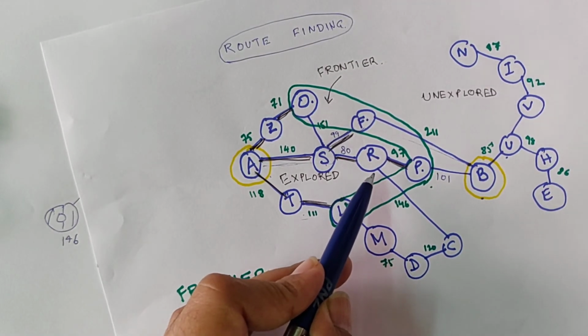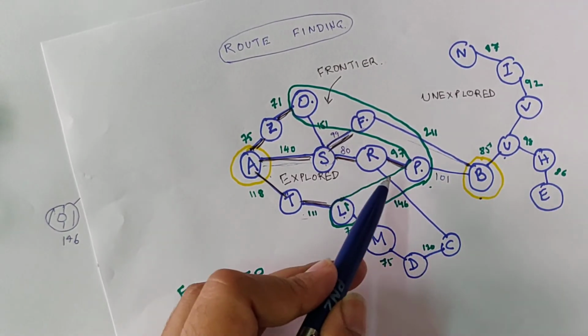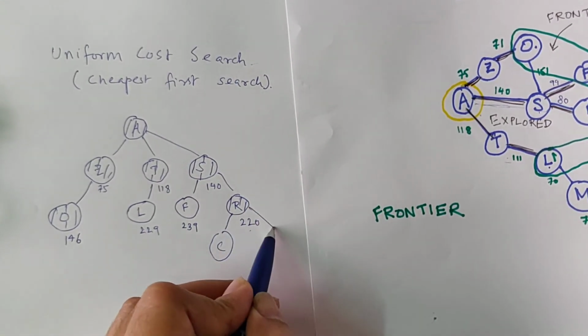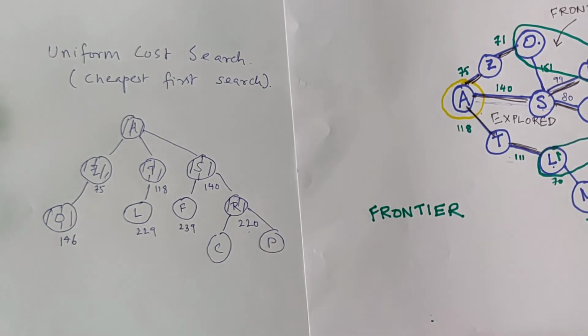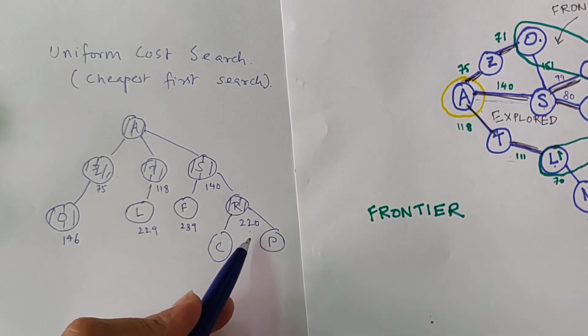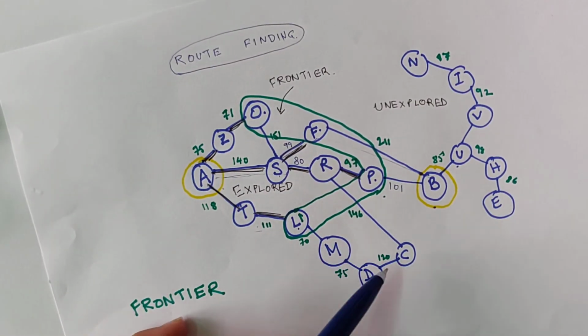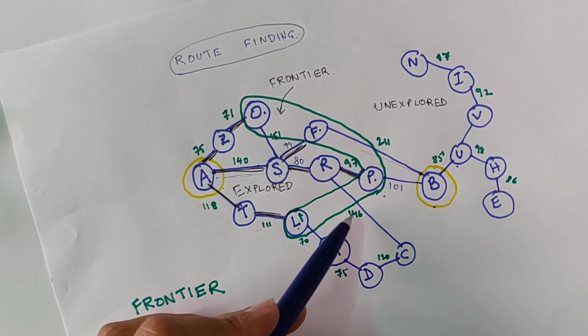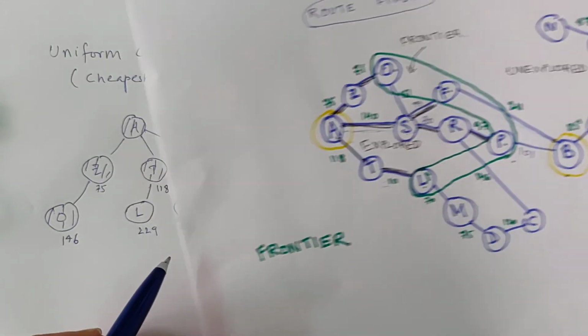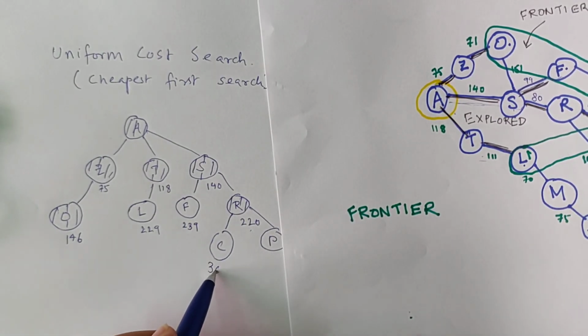From R, what can I add? I can add C and I can add P. For C it is 220 plus 146, which means it is 366.